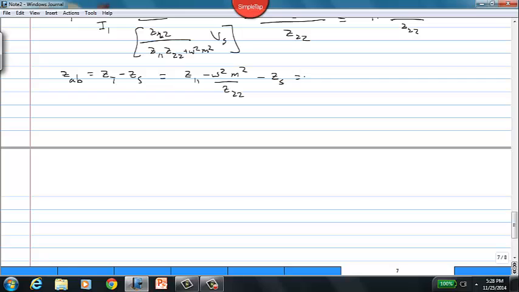So that's going to be equal to Z11, which is ZS plus R1 plus j omega L1, minus omega squared M squared over Z22, which is R2 plus j omega L2 plus ZL. And I need to subtract ZS off of all of those.